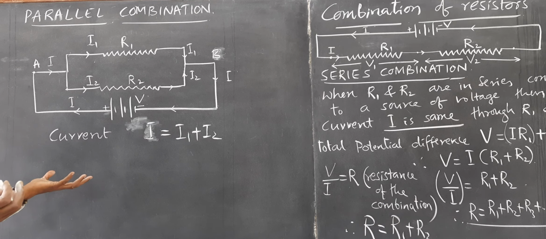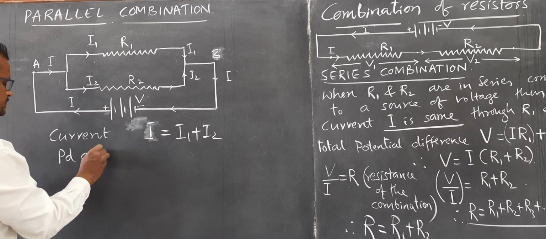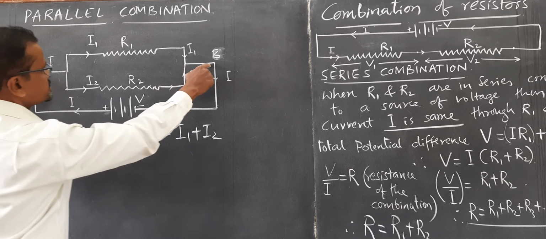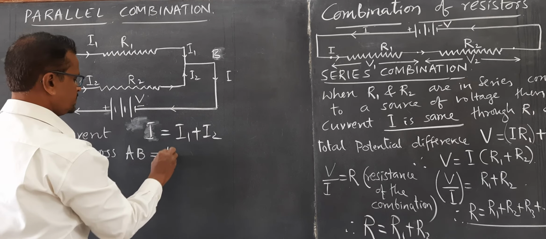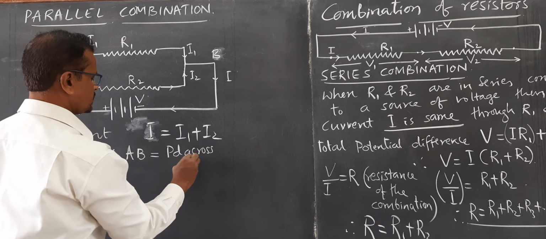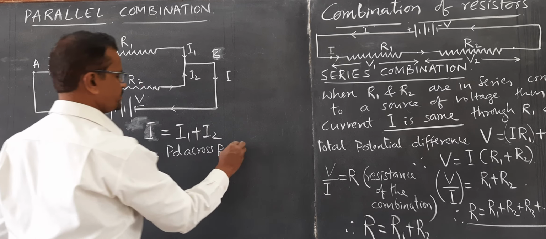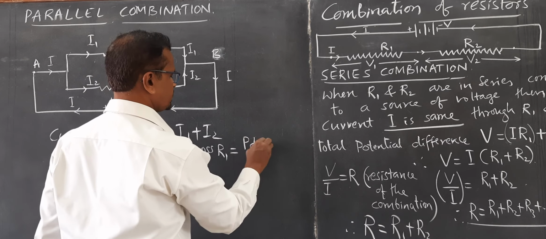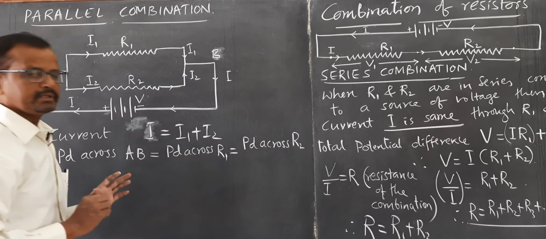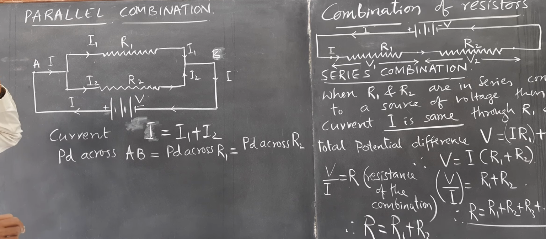Potential difference will be the same. The PD across terminals AB is the same as the PD across R1, and that is the same as the potential difference, that is voltage, across R2. So, this is the thing to be remembered. When they are in parallel, the potential difference remains constant, it remains the same.